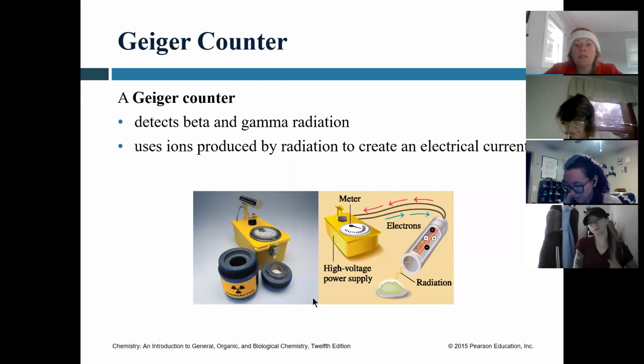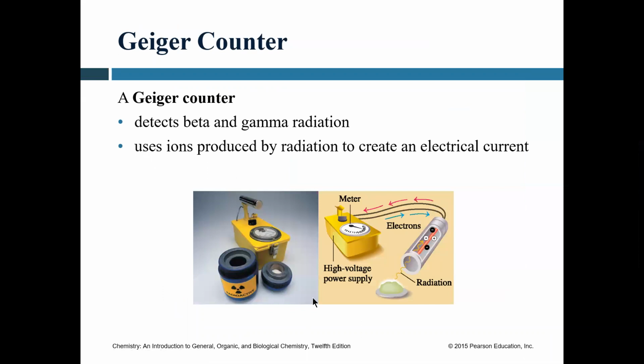So some of the measurements for radiation, we have the Curie, or Madame Curie, a very, very smart female scientist in chemistry who worked with radioactive material and ended up dying because of radiation exposure.